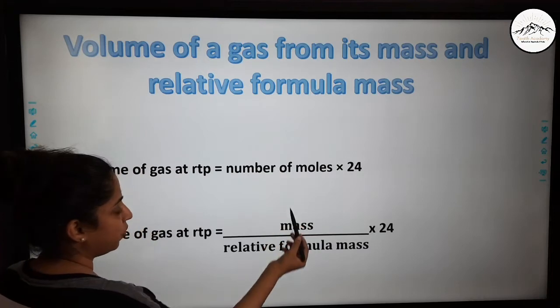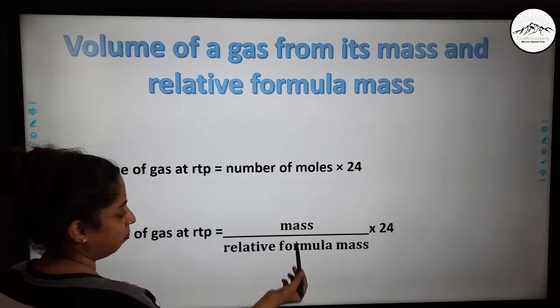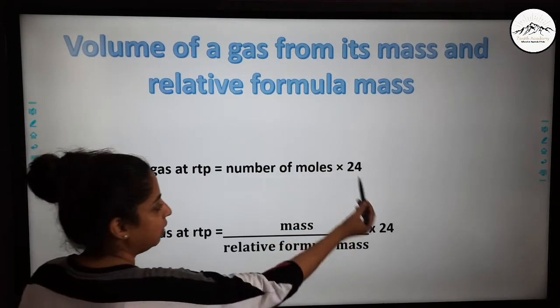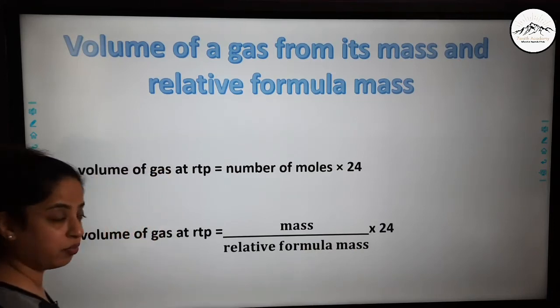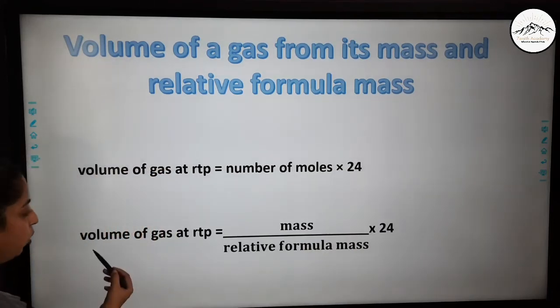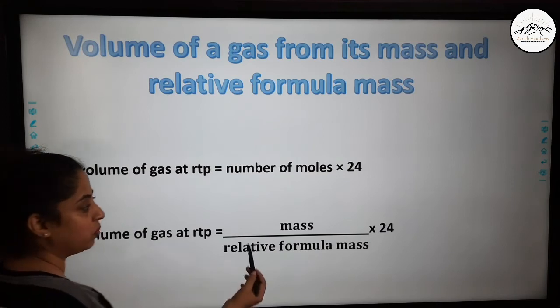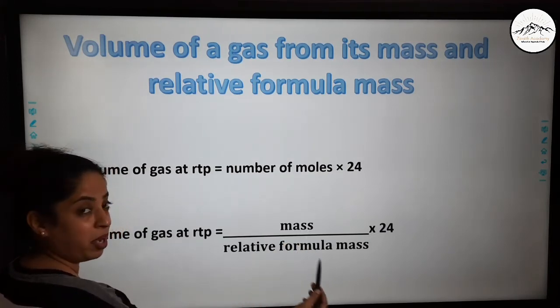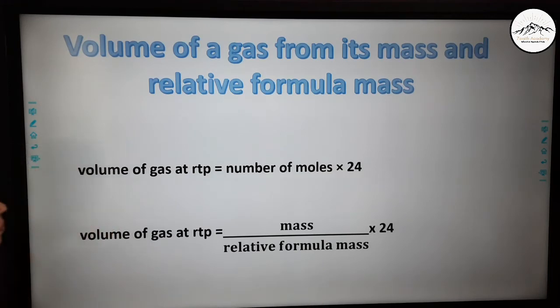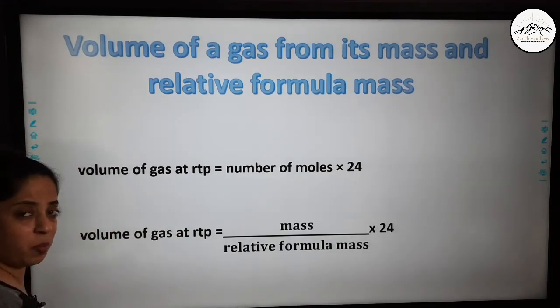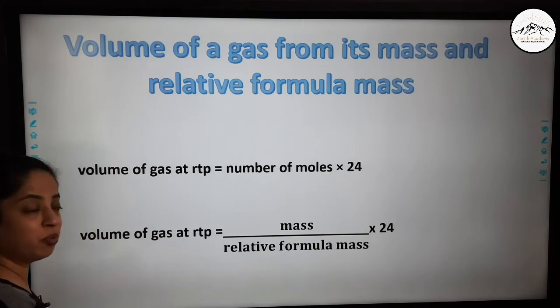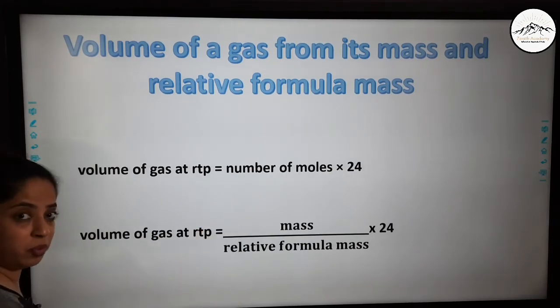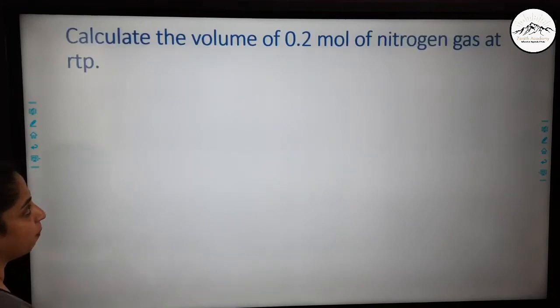Here we have substituted this with mass upon relative formula mass, multiplied by 24. So the volume of gas at RTP from the given mass and the relative formula mass can be calculated using this formula. Even if you don't remember these formulas, I'll tell you in the end how to use our magic formula for doing all the calculations. But right now you have to learn these formulas.